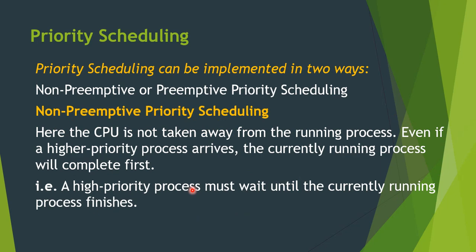So priority scheduling can be implemented in two ways. It can be non-preemptive or preemptive. If it is non-preemptive, the CPU is not taken away from the running process. Even if a high priority process arrives, the current running process will be completed first. So the high priority one must wait until the currently running process is done.